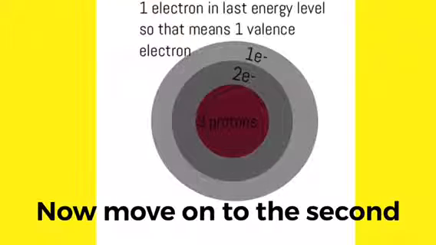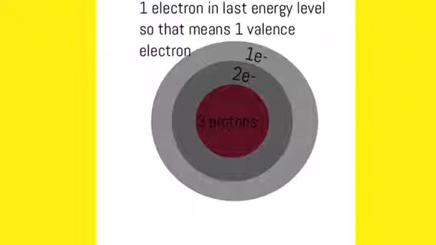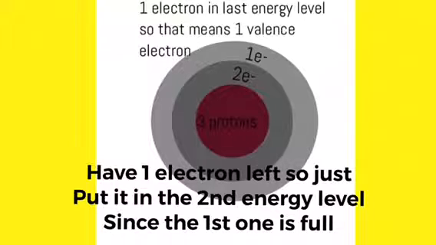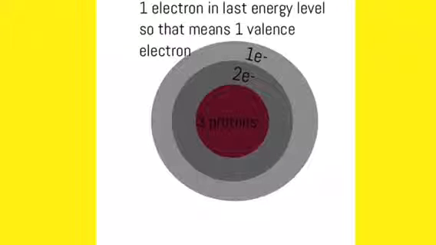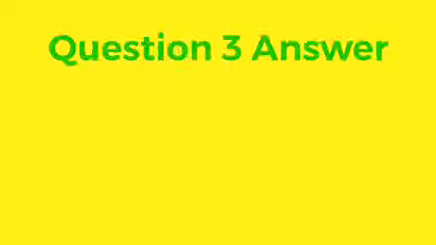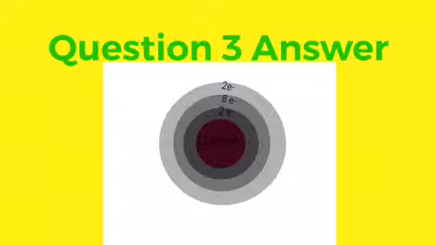I filled in the first energy level, so let's go to the next, which is the second energy level. All we have left is 1 electron, so we put 1 electron in the second energy level, and the second energy level is the last energy level. So that will mean it will have 1 valence electron, since it has 1 electron in its last energy level.